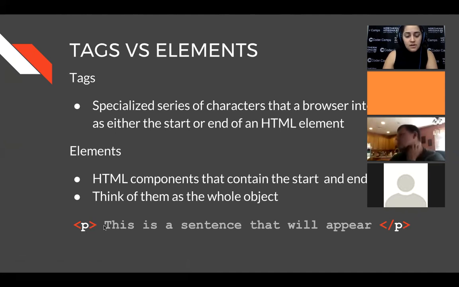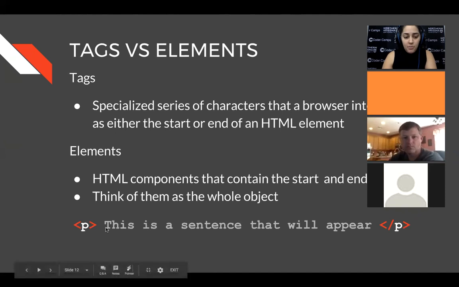So this is going to be the format of all your HTML elements and tags. You're going to have a beginning and an end. There are a few exceptions to the rule where some of them have self-closing tags, which essentially means that they do not require this closing tag right here. And we'll go over which ones those are. But this is the basic of every HTML tag and element.